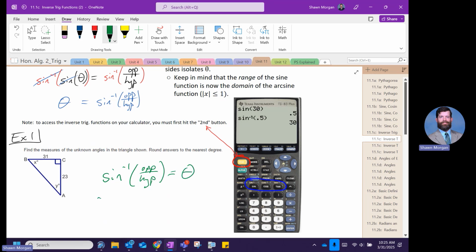Sometimes it's written like this, ARC SIN. That's a bit antiquated, but sometimes you'll run into it. Those mean the same thing. It's the inverse sine function, or sometimes it's referred to as arc sine.